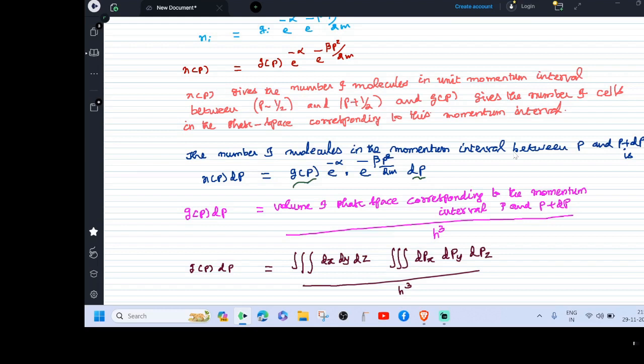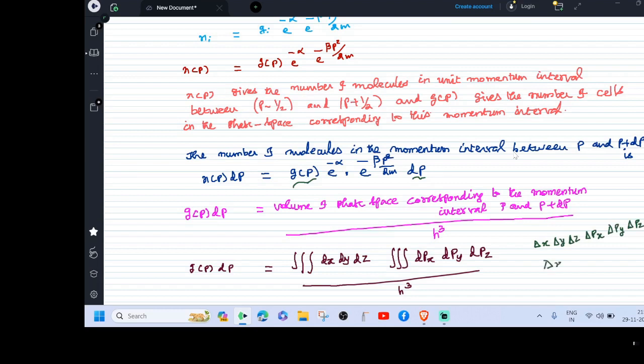We know that the volume of phase space is h cube, which is obtained by the formula delta x delta y delta z into delta px delta py delta pz.